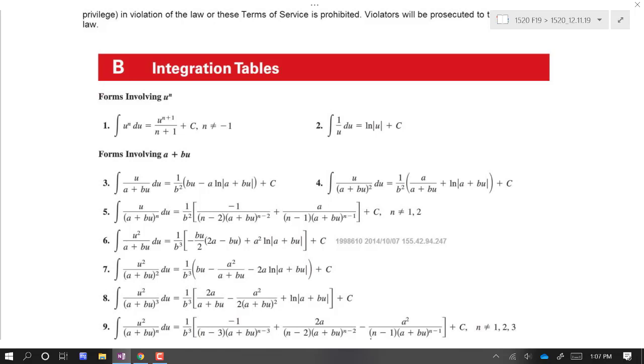You could keep looking through chapter 8 of our textbook, where a bunch of our practice exercises come from, and you'll see there's lots of other different techniques. A lot of that stuff we get to in Calc 2 if you're going to take that course. So if you encounter an integral out in the wild, and this isn't one of the forms that I learned, you can use these tables to help you out.